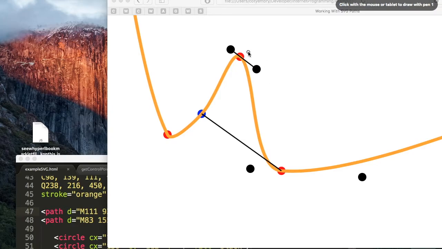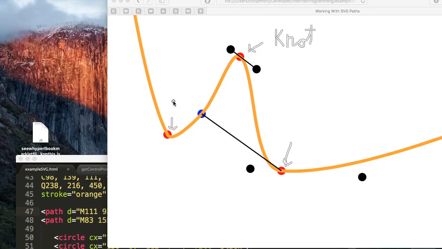So a knot here. K N O T. Said I would never use cursive. It's ugly. Anyway, that's a knot.